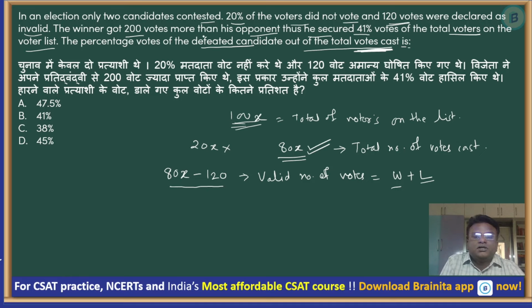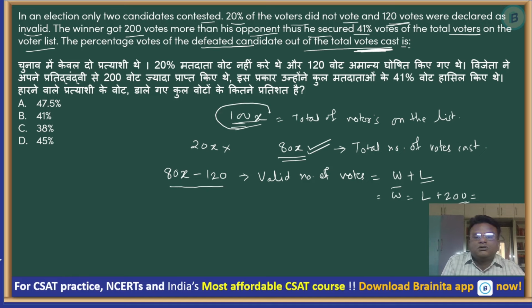The winner got 200 votes more than his opponent. So winner is equal to loser plus 200 votes. Right, I'm just writing the things which are given in the problem. I'm not doing any calculation as yet. And thus he secured 41%. So this L plus 200, or W, is equal to 41% of the total voters on the voter list.